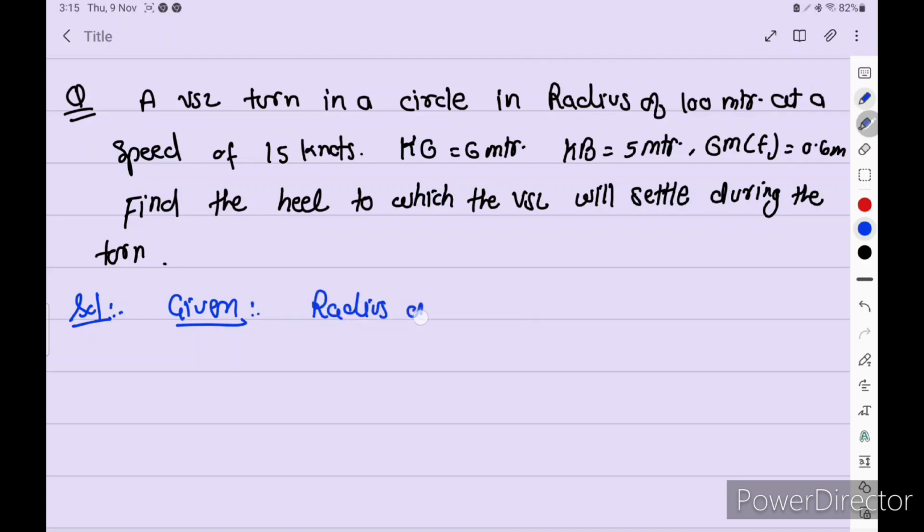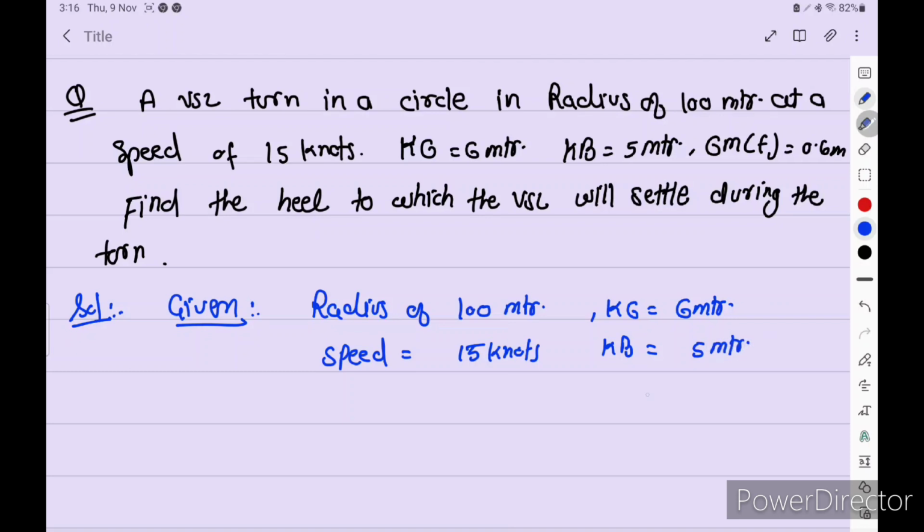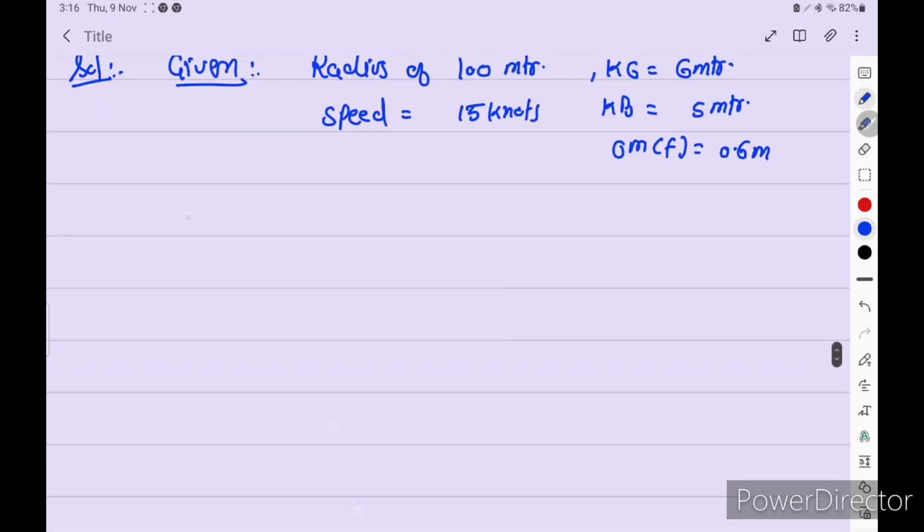So radius of turn 100 meter, speed 15 knots, KG 6 meter, KB 5 meter, GM fluid 0.6 meter.